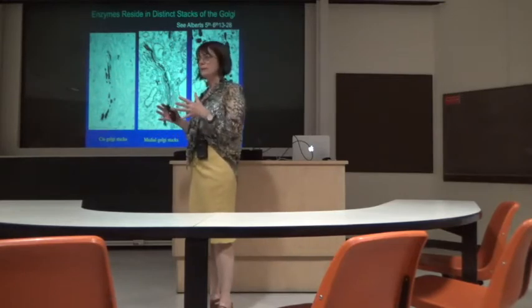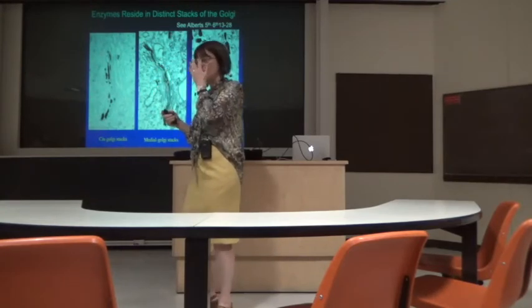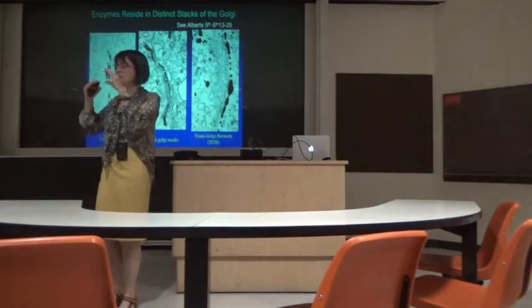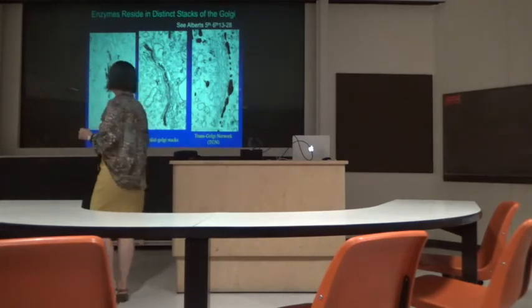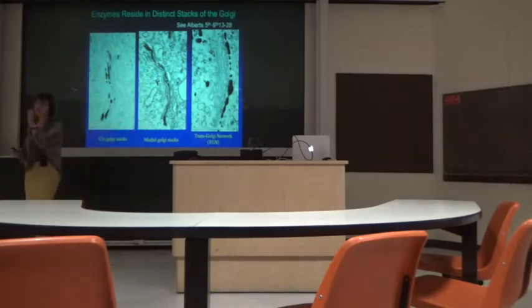But what you wouldn't be able to see in light microscopy, which is generally what we use GFP for, is you don't have the resolution, you can't distinguish in space the difference between the cis Golgi stacks and the trans Golgi stacks. It's just too small.